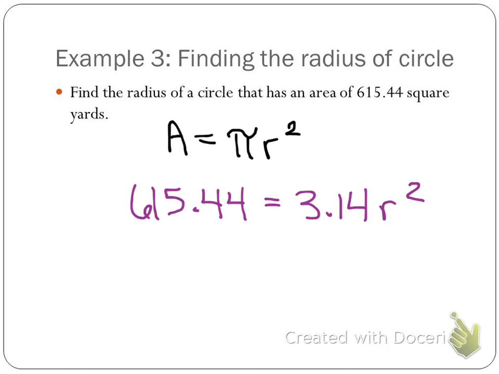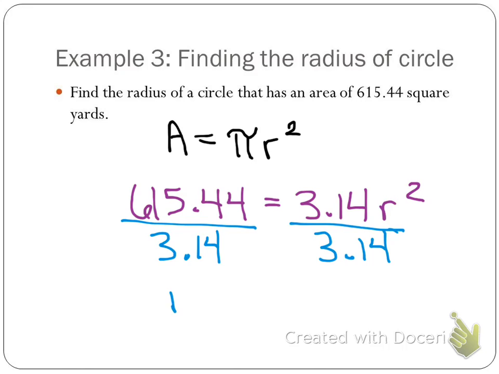Now the next step, does anybody have a guess? What do you think you're going to do? You divide by what? 3.14. Very good. Divide by 3.14, both sides. And you get r squared equals what? Okay, r squared equals 196.